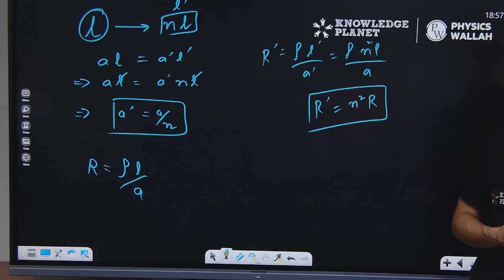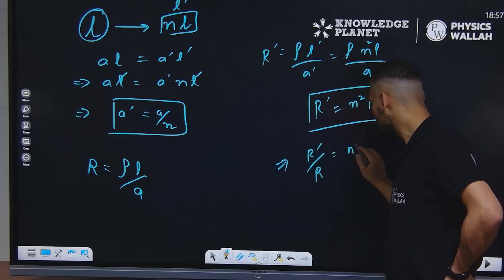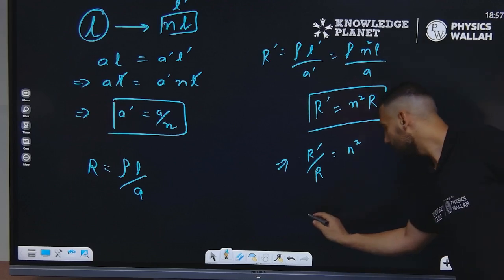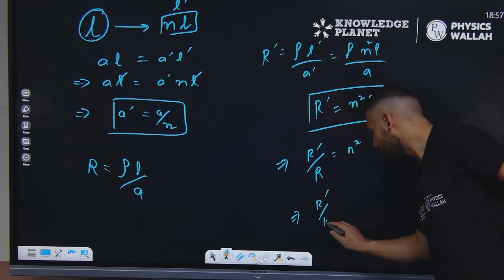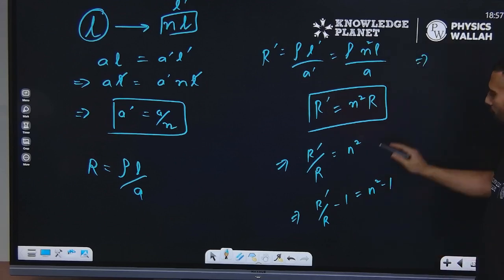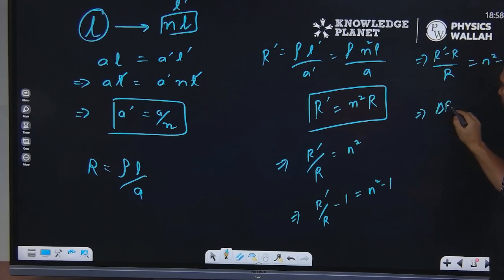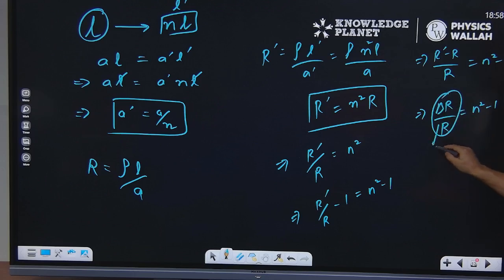Change is final minus initial. So R dash by R is equal to N square, which implies R dash by R minus 1 is equal to N square minus 1, which means R dash minus R by R is equal to N square minus 1. But don't you think it is change in resistance by original, which is equal to N square minus 1? Now this is called the fractional change in resistance.